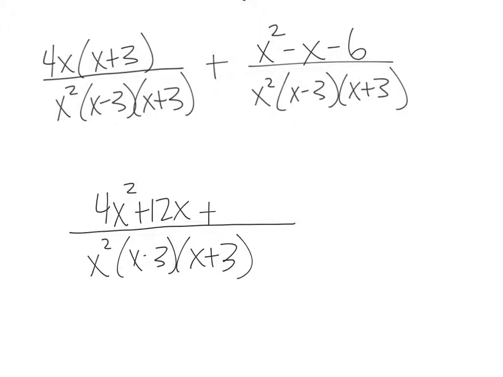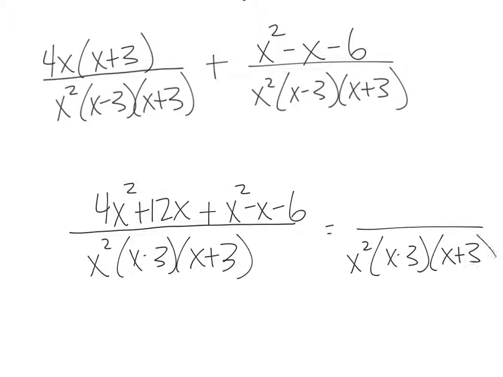Keep the plus sign, and then the other fraction I have x squared minus x minus 6. Keep the denominator. Again, it's a lot of writing of the denominator, I know. But we're just going to combine like terms on the top. 4x squared plus x squared gives me 5x squared. 12x minus x gives me positive 11x, and then I have a negative 6.